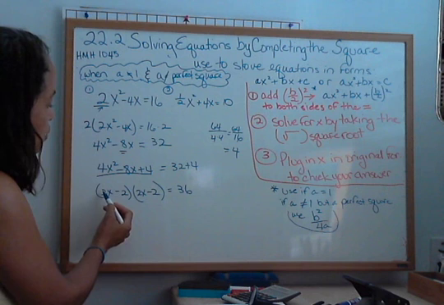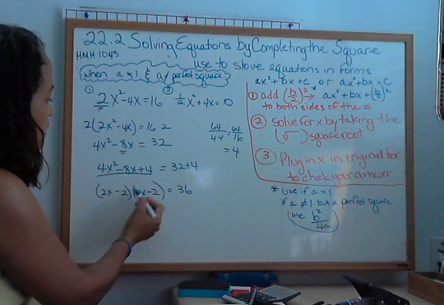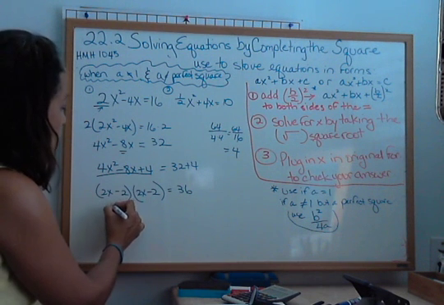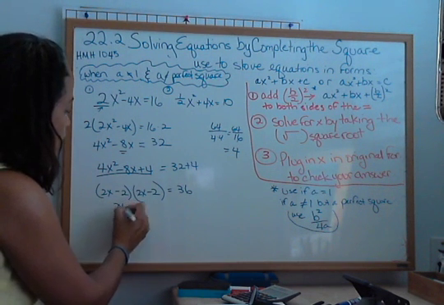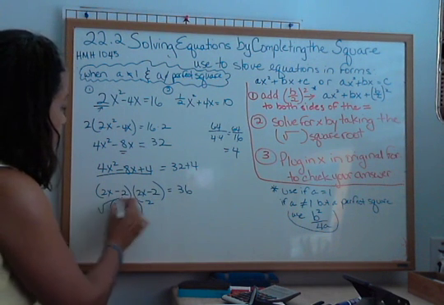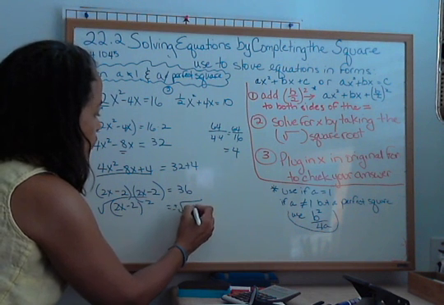And we can check, make sure we did it right first. Outside, inside, last, perfect, works. So I'm going to write this as 2x minus 2 squared, and I need to take the square root of both sides to solve this.